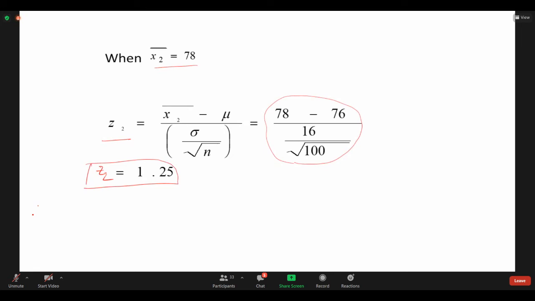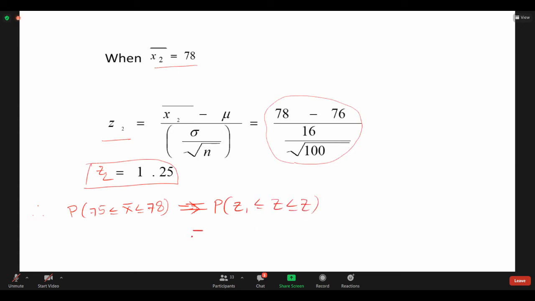Therefore, the actual probability of 75 less than or equal to x bar less than or equal to 78 is reduced to the probability of Z1 less than or equal to Z less than or equal to Z2.